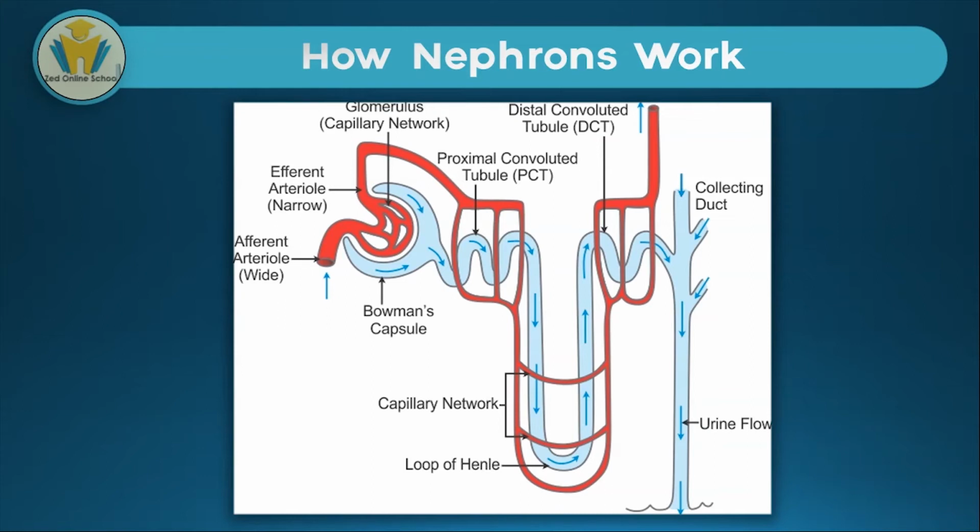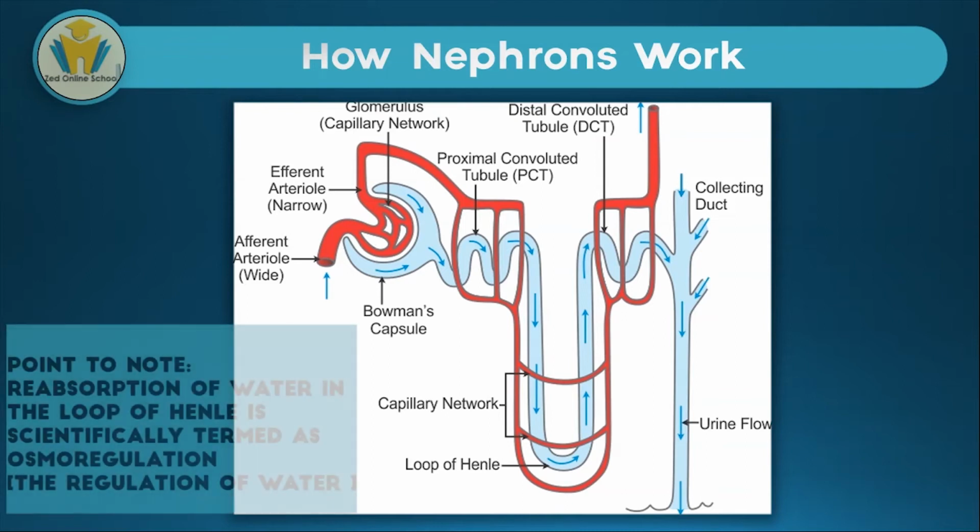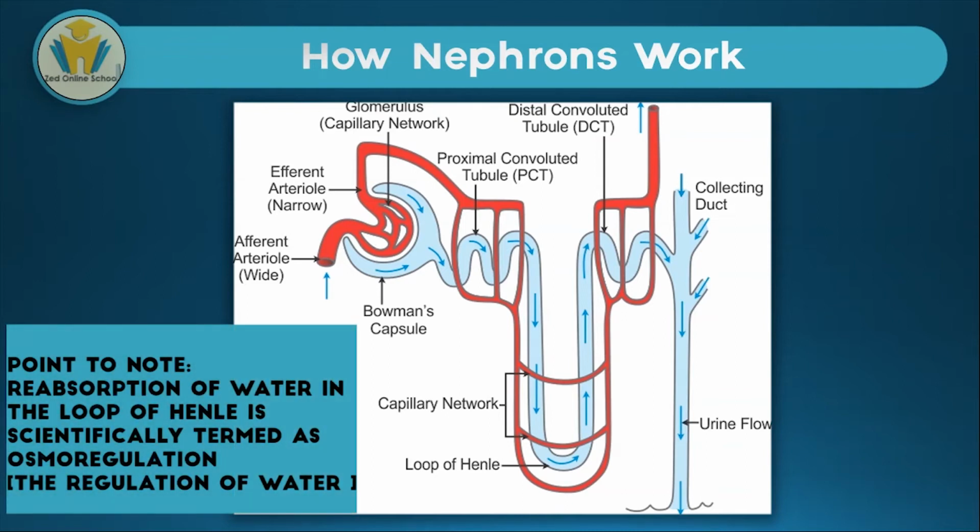In this loop, one main thing that is reabsorbed is water. What I want you to notice is that from the proximal convoluted tubule to the distal convoluted tubule and partially the collecting duct, what happens here is selective reabsorption. Now, when we're in the loop of Henle, there's a special kind of reabsorption that happens, and it's termed osmoregulation.